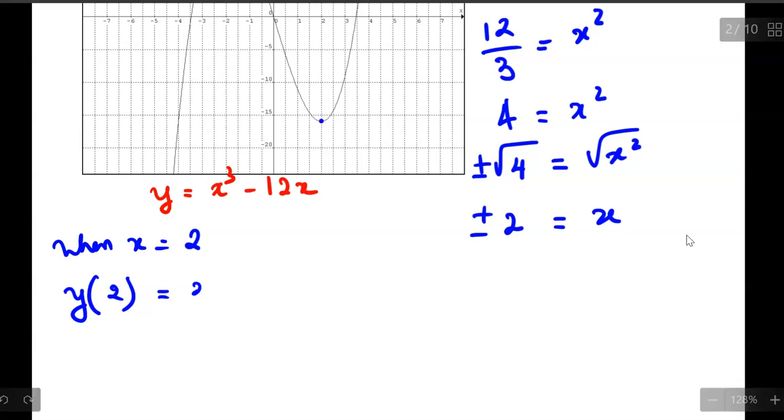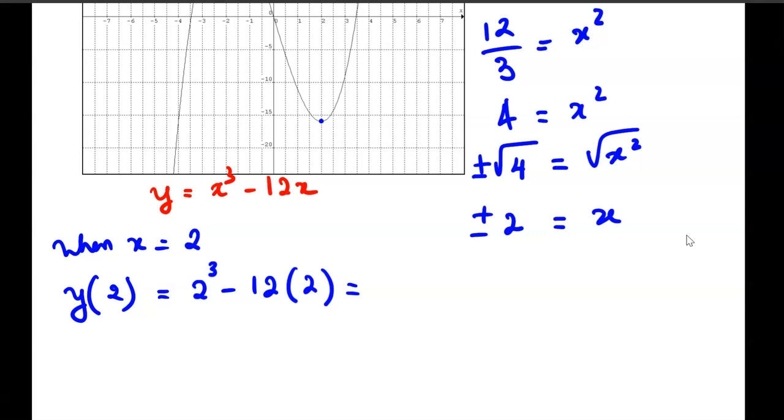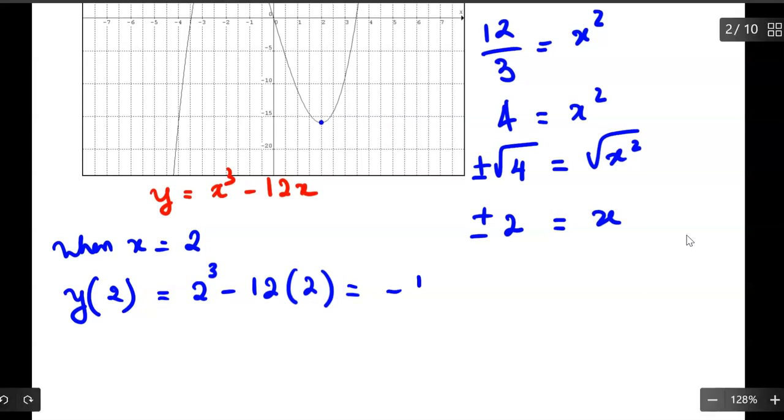So in this case, I can go ahead and write this as 2 raised to the exponent 3 minus 12 times 2. So I should have 8 minus 24. So I should have negative 16.